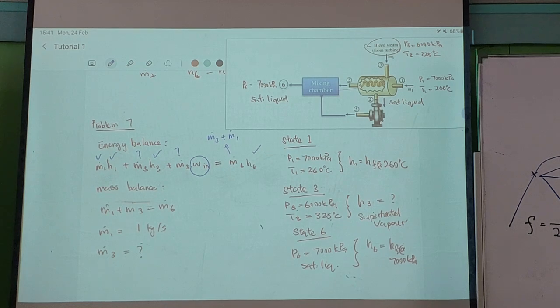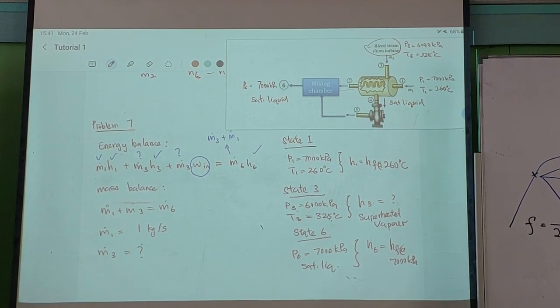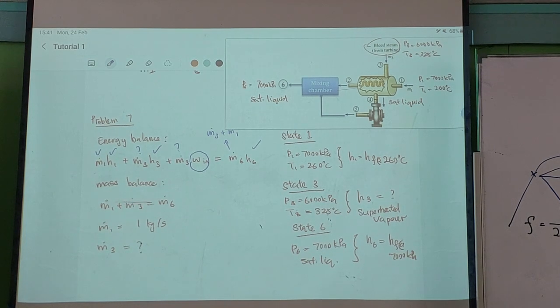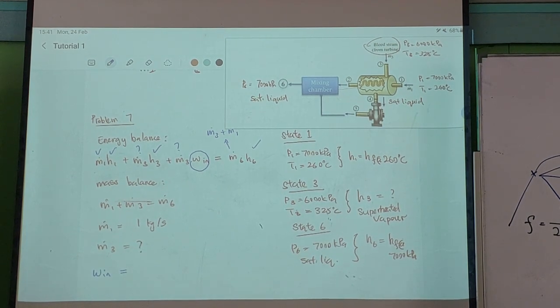So how to find work in? This will require a little bit of imagination. But okay, what are the two states that work in is in between?